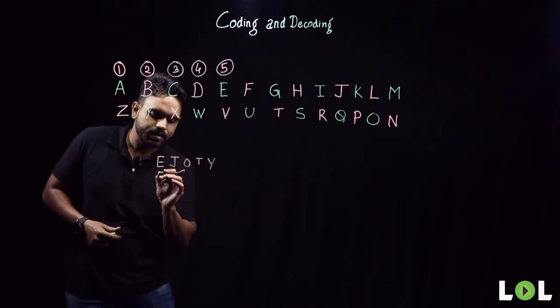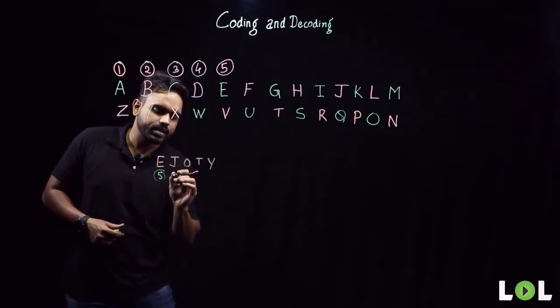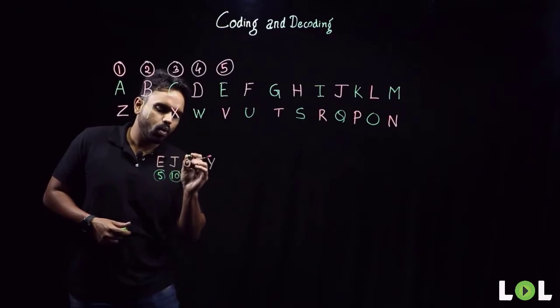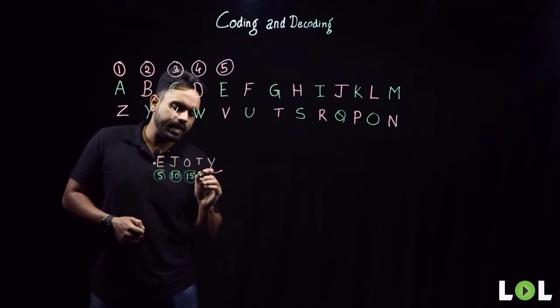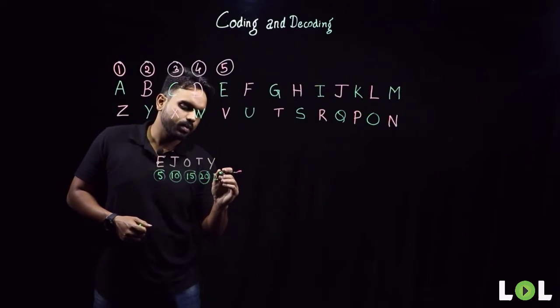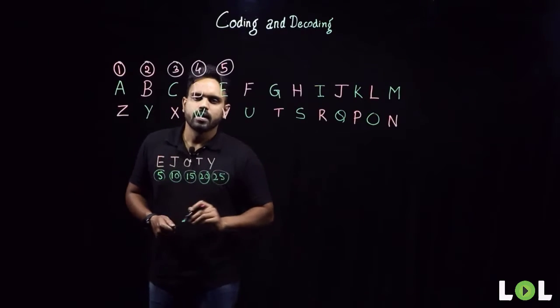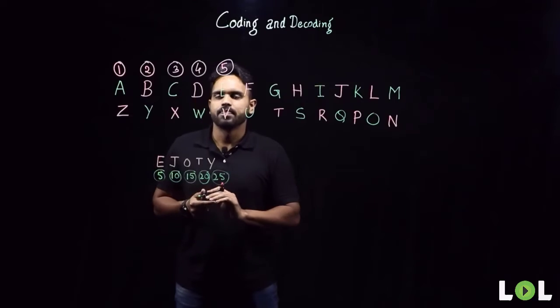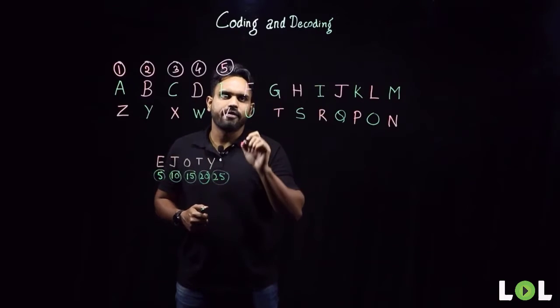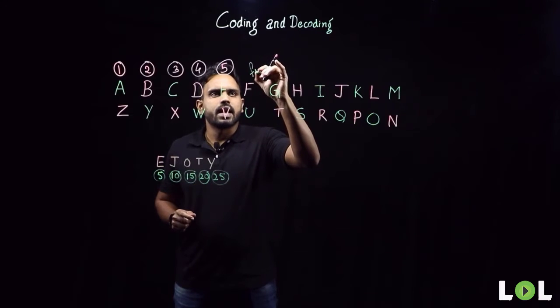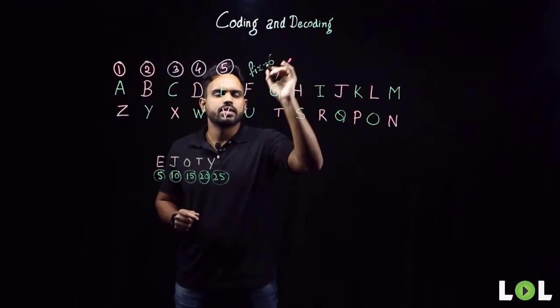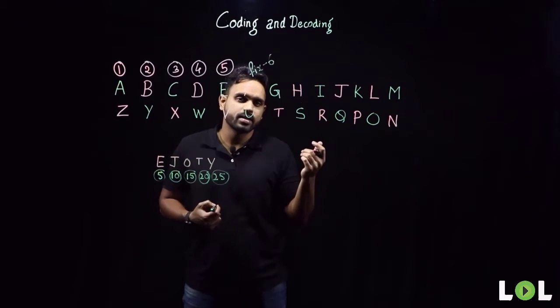And here E stands for 5, J stands for 10, O stands for 15, place value of O is 15, that of T is 20, and that of Y is 25. This is how we are going to memorize E. E, Ejoti. F, fix. Can I say F is fix? F is fix and it is 6.